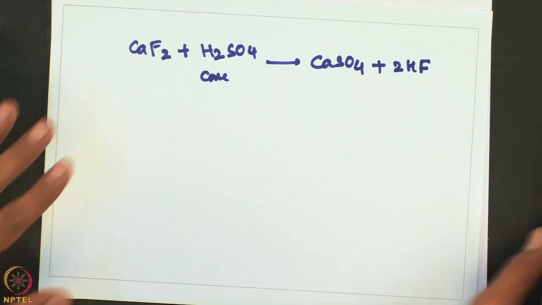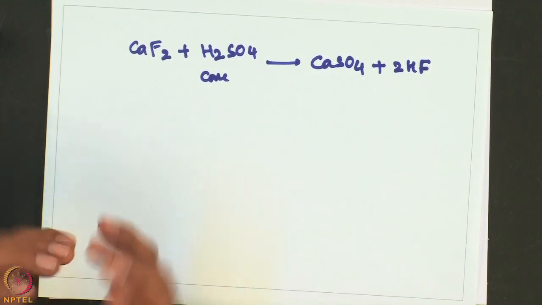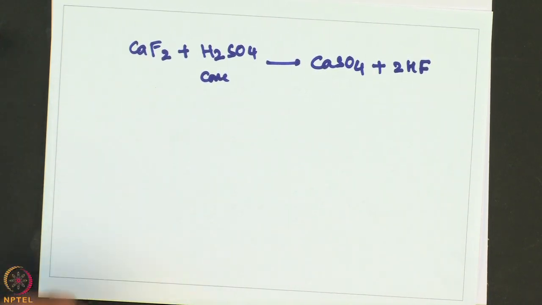Difluorine is strongly oxidizing and must be prepared industrially by electrolytic oxidation of fluoride ion.